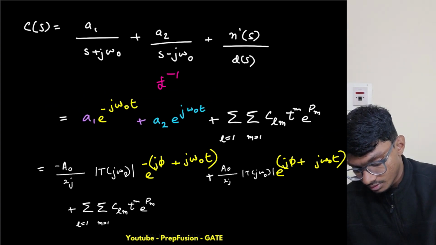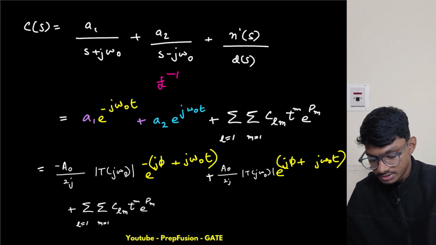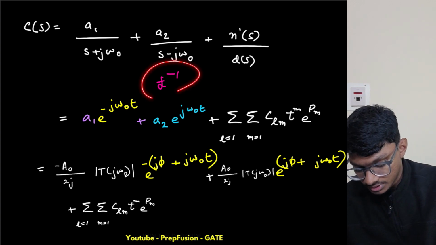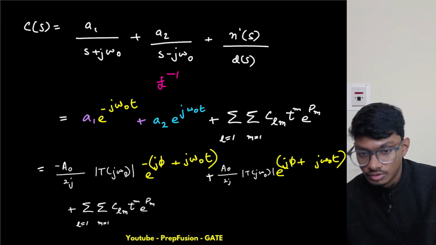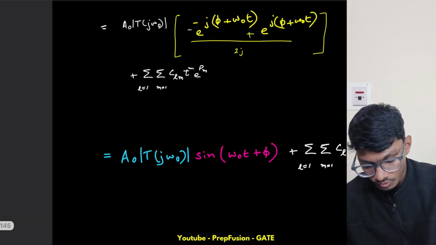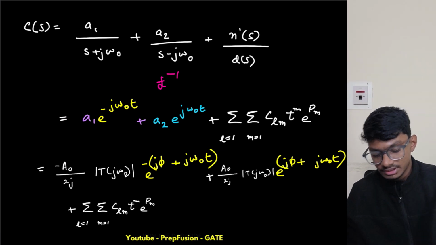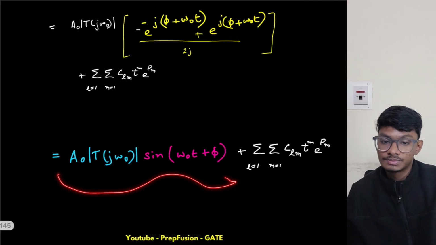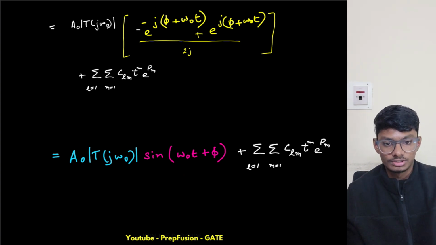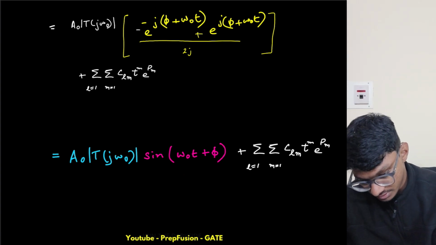So what I was telling is, if you take the Laplace transform of this one, you get this. Then you further simplify and you get this. So what is this part? This part is the sinusoid response part, the frequency response basically.